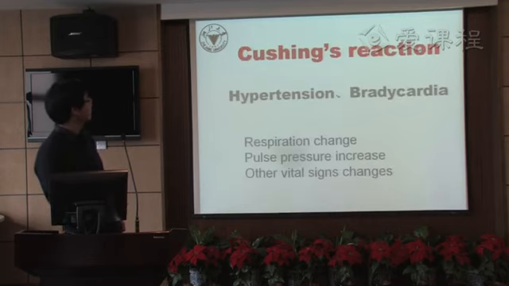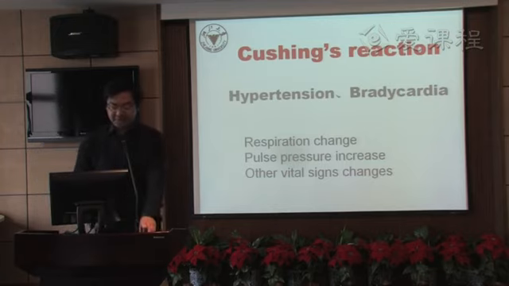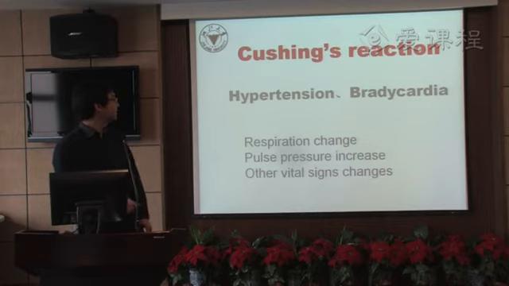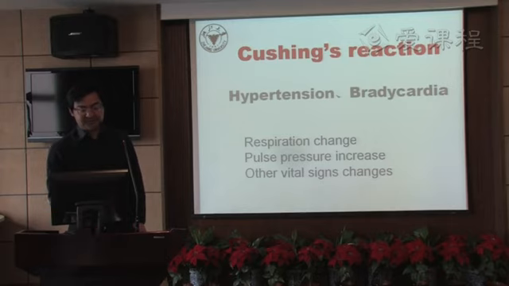Now, what is Cushing reaction? If the intracranial pressure increases very high, sometimes higher than 35 milliliters of water, the auto-regulation of blood vessels disappears. At this time, Cushing reaction will be activated.